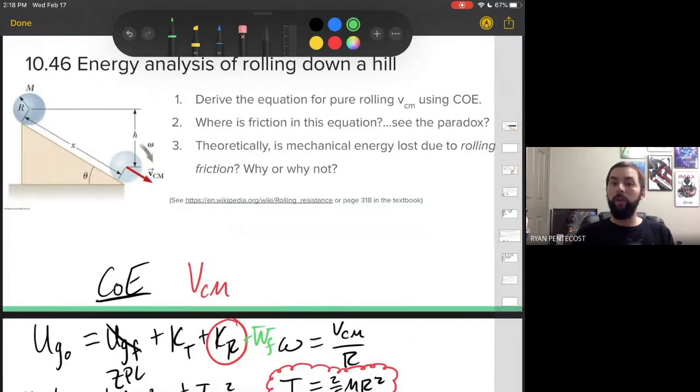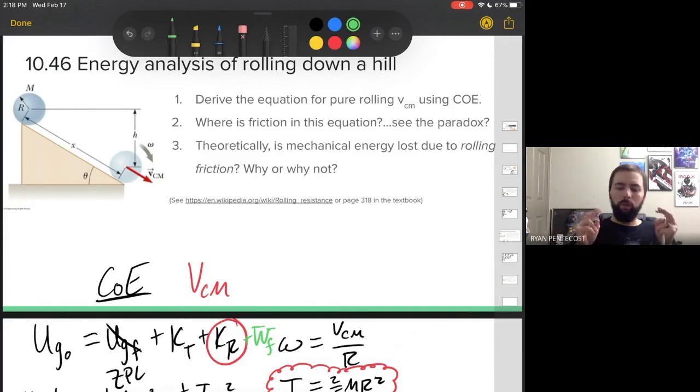When you have friction in a conservation of energy problem, that means that the friction is taking away some of your energy. It's basically a non-conservative force that is taking away energy from an otherwise conservative system. But here, friction isn't doing that. Friction doesn't take away any of your mechanical energy, so we don't even consider it. That's why we don't see friction in this equation. Now, theoretically, is mechanical energy loss due to what's called rolling friction?